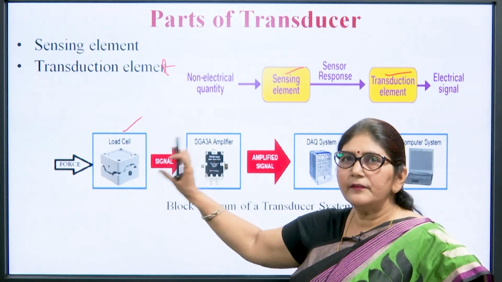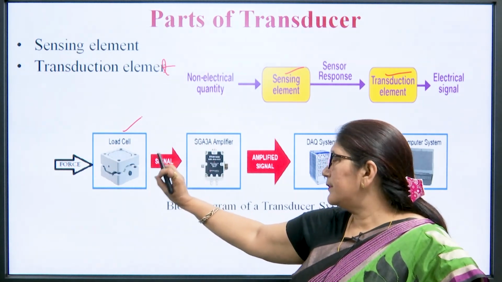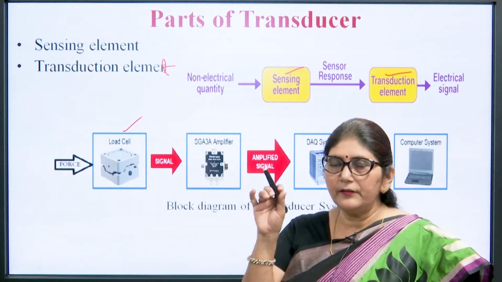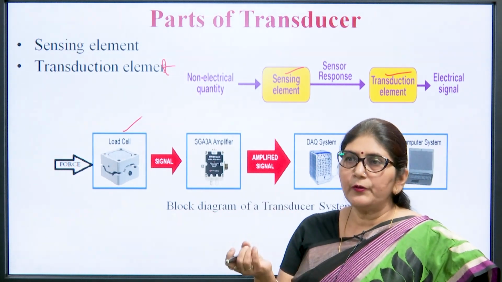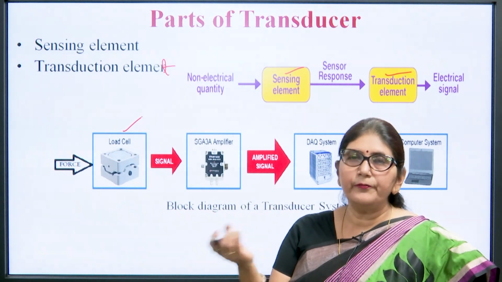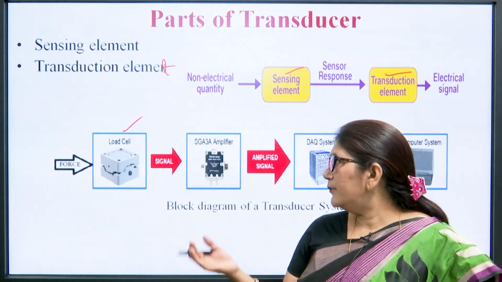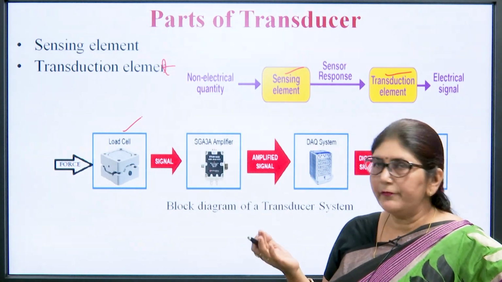The detector circuit of the bridge will detect the change, and that signal is fed to the amplifier circuit, because the change in resistance is converted into a change in voltage, and it is possible that the change in voltage may be of a microvolt or millivolt. So it should be converted into volts, and it is fed to the amplifier circuit to amplify the signal.